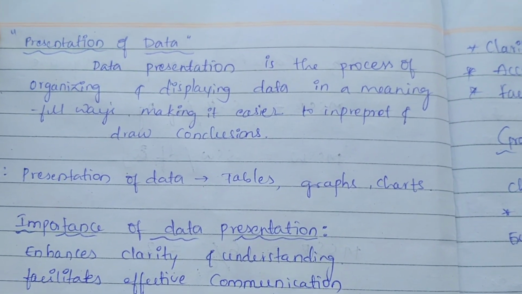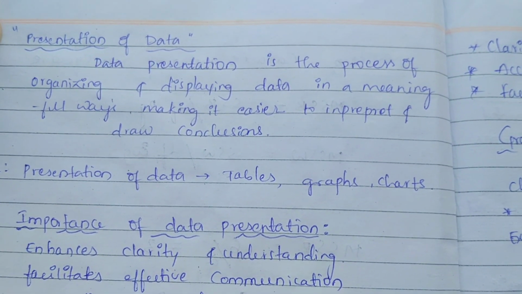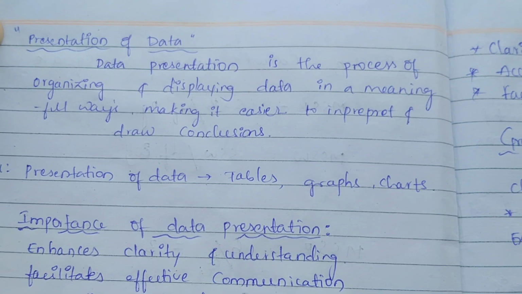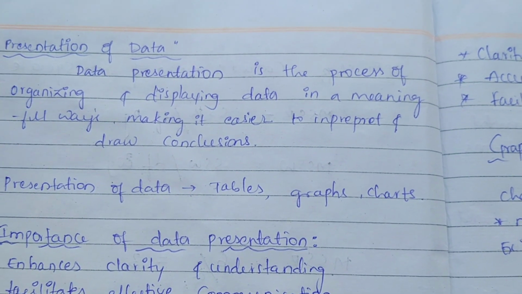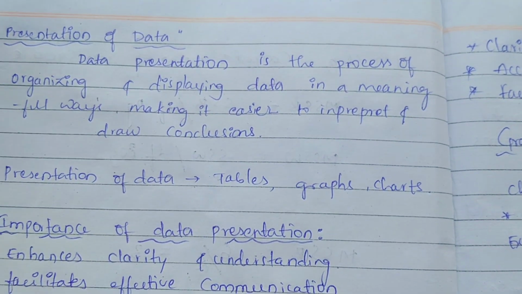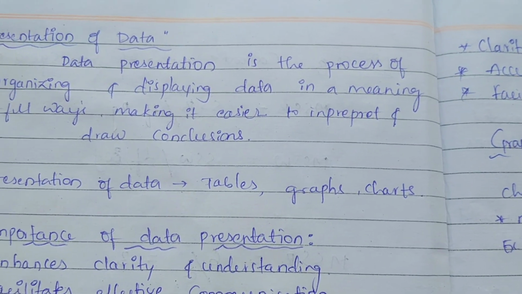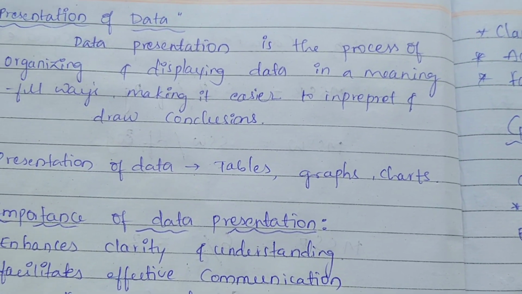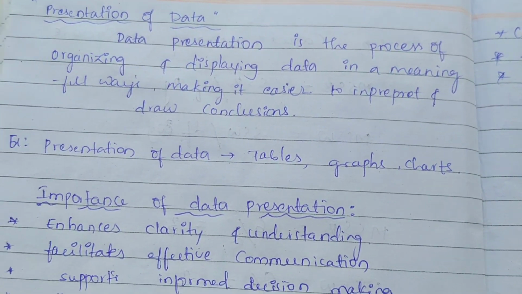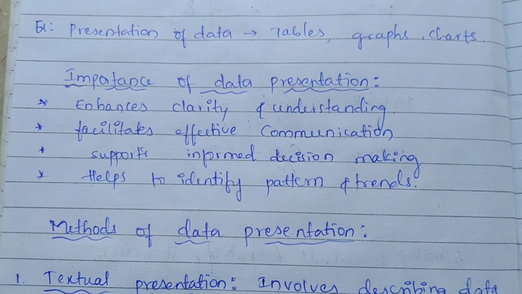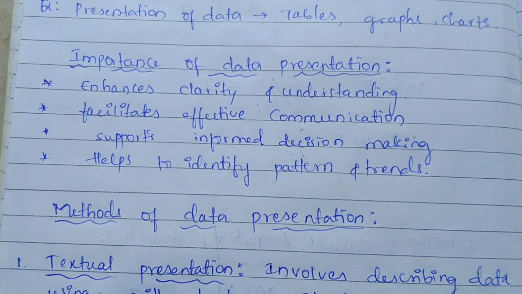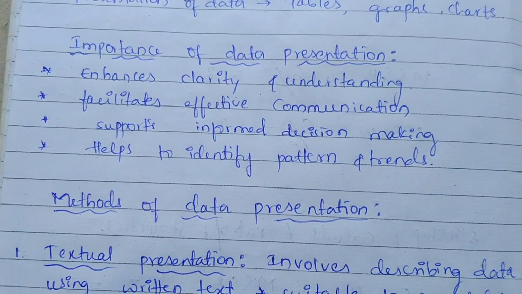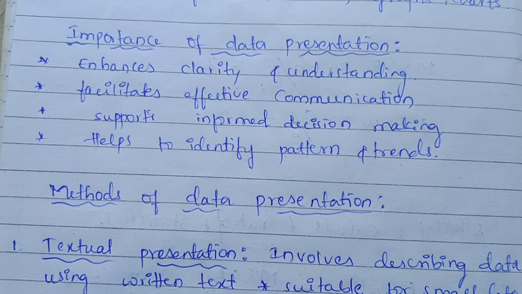I'll give an example. Suppose you have a choice between reading one page about something, or instead watching a picture of the same information. Which will you go for? All the people will go for looking at the picture first, to see what it is depicting and showing.